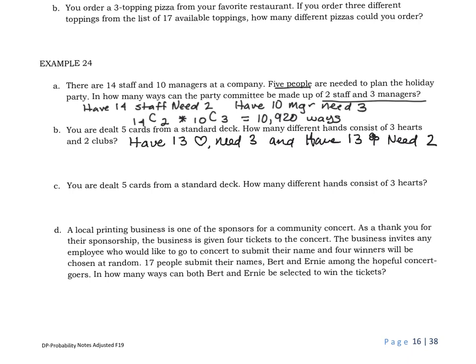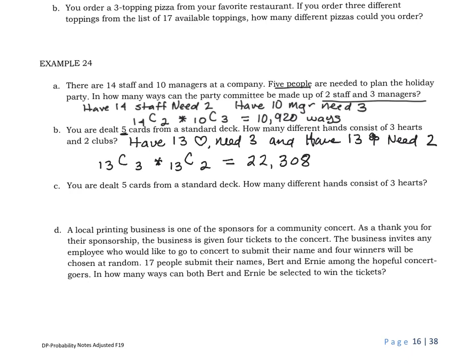Okay, so we are dealt 5 cards. That handles just about everything. So we have a choice of 13 to choose from, and we only need the size of 3. That's the hearts. And for the clubs, we have a choice of 13 different clubs, and we only need 2 of them. And that will give us 22,308.